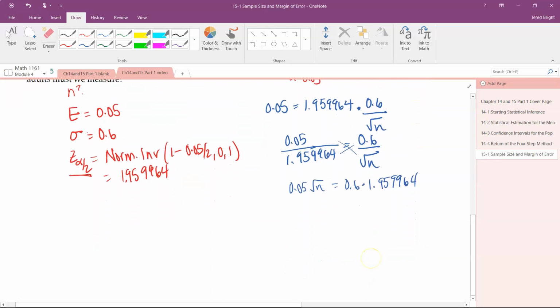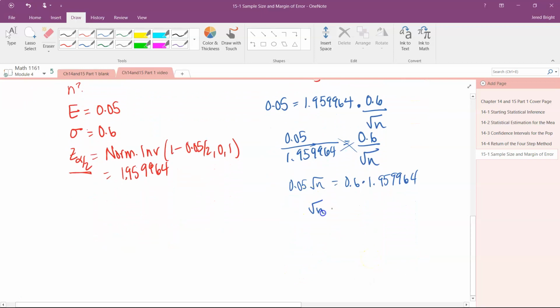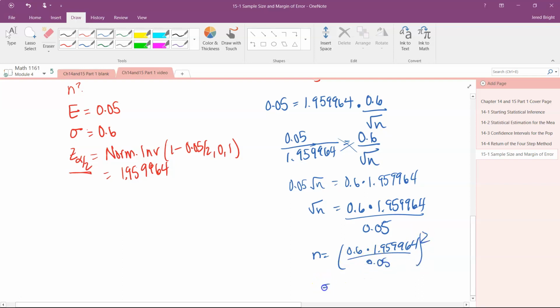Divide by 0.05, so square root n is 0.6 times 1.959964 over 0.05. If the multiplication symbol is confusing you, remember you can use parentheses. And then lastly, square everything. N is 0.6 times 1.959964 over 0.05, all squared. I punch this in my calculator to get the following number.